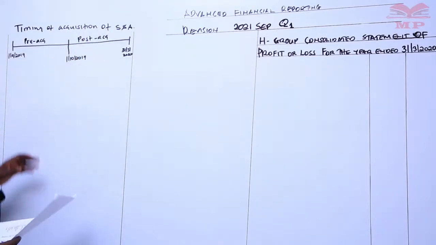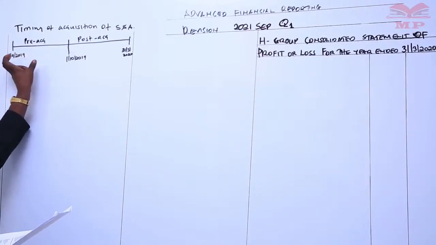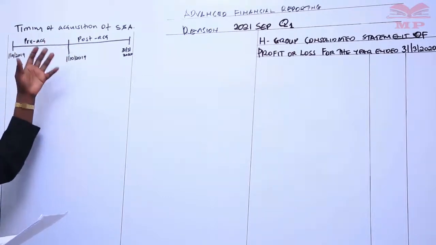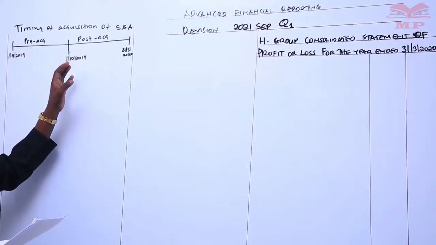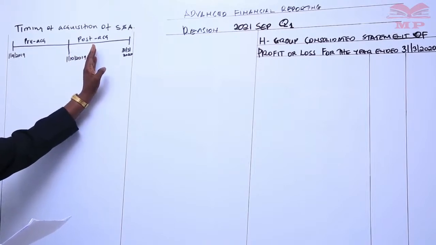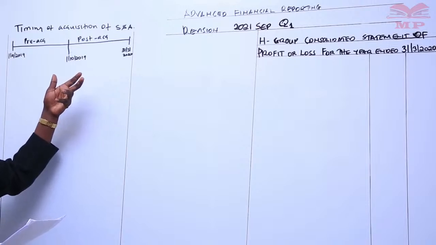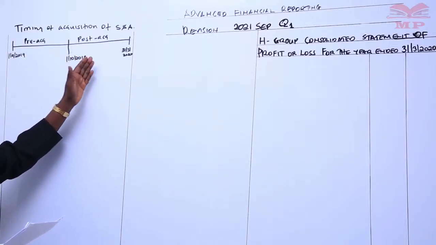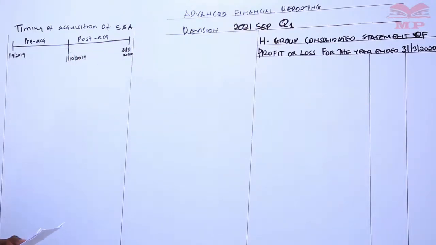Now, the pre-acquisition here helps you to determine how many months these companies that are being acquired, we call them acquirees, operated on their own before being acquired by H. So post-acquisition here is going to help us know how many months you're supposed to include the incomes and expenses of the acquiree companies in the group financial statements.